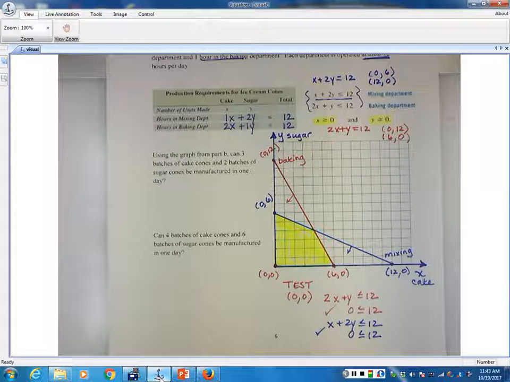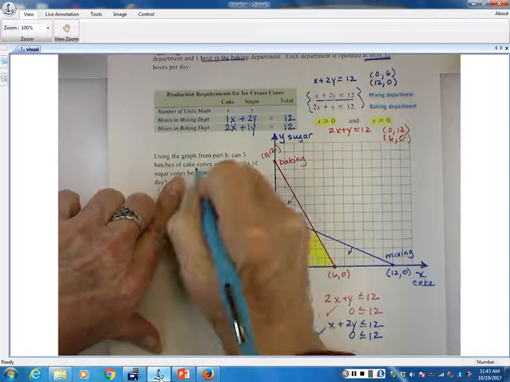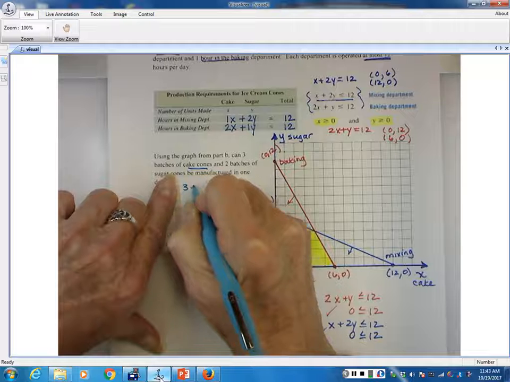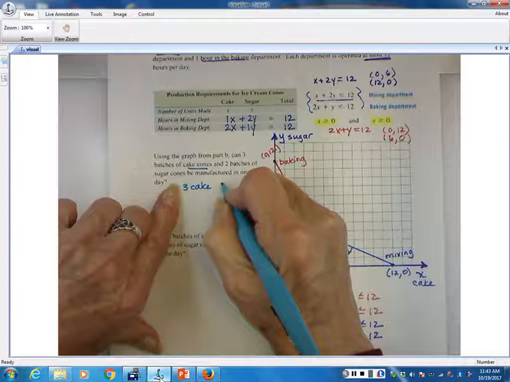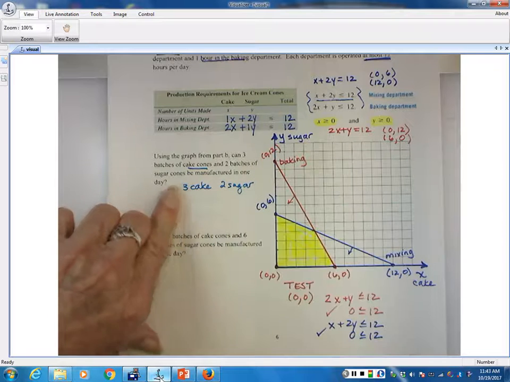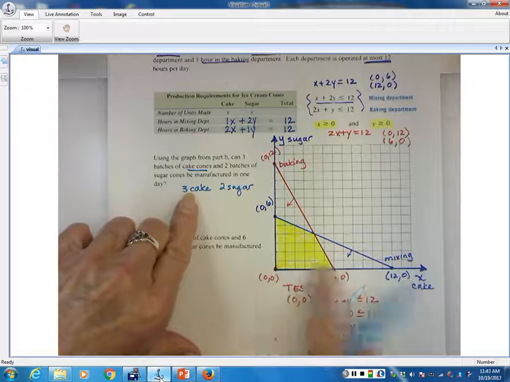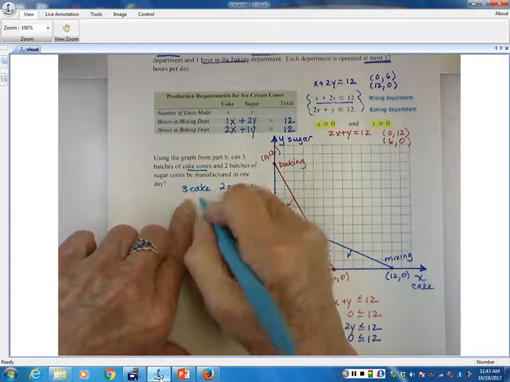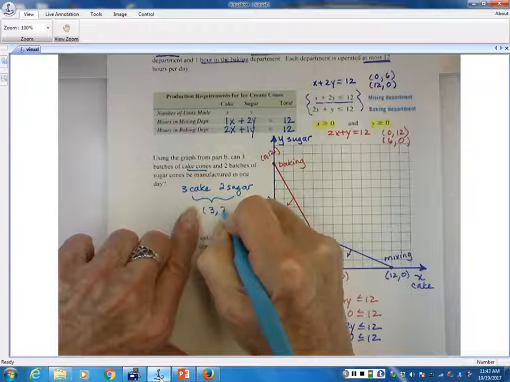Now we need to answer some questions. It says, using the graph, can you make 3 batches of cake cones and 2 batches of sugar cones? If you look at your axes, y is your sugar and x is your cake. So this is actually asking about the point 3, 2 on that graph.